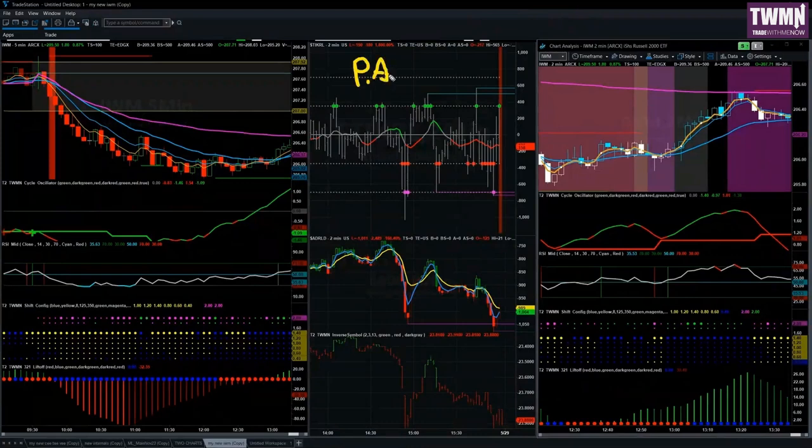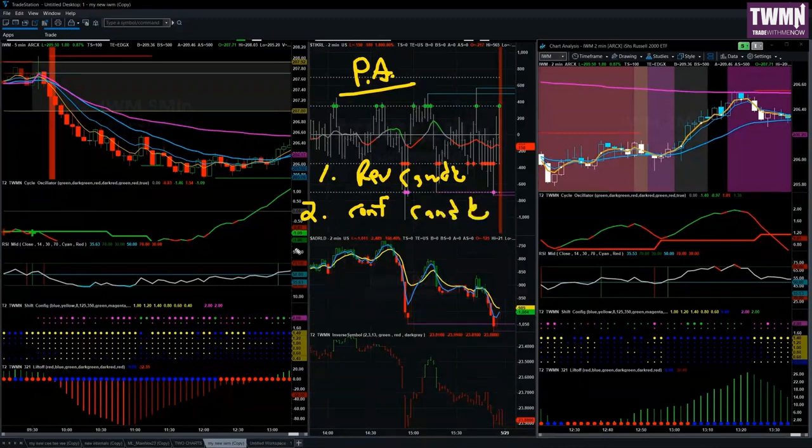The first is I want to see a reversal candle. The second is I want to see a confirmation of the reversal candle. And then I want to see a moving average cross of the 3 and the 5. That's what I refer to as price action.